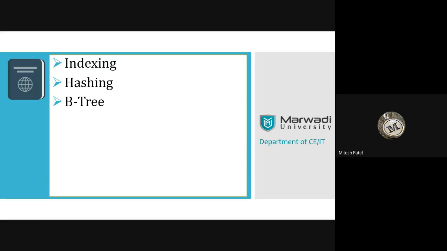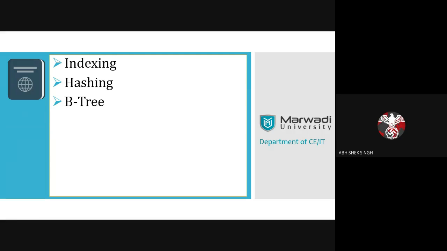Okay, Arman, now you tell me the types of primary index. Everyone should take part in the discussion. Primary index has two types: dense index and sparse index. Okay, very good. Anything else? Yes, Abhishek.